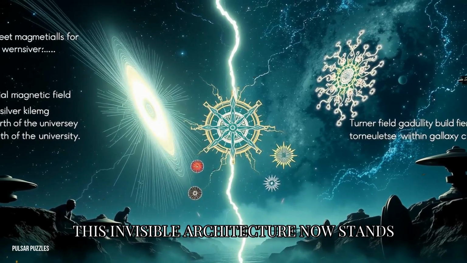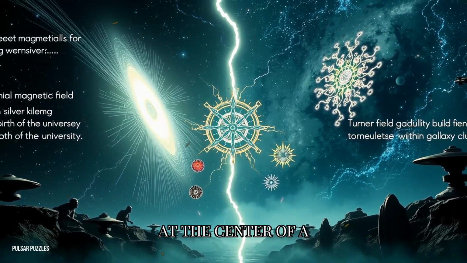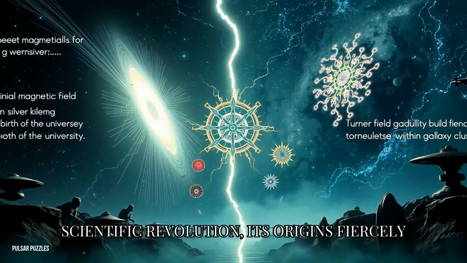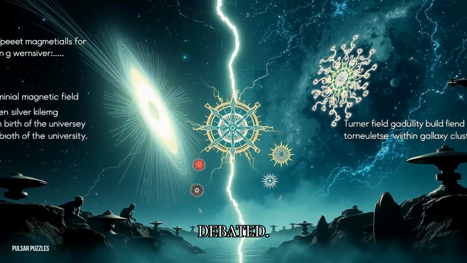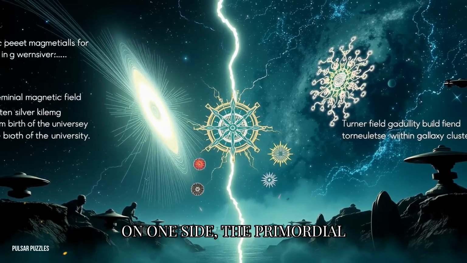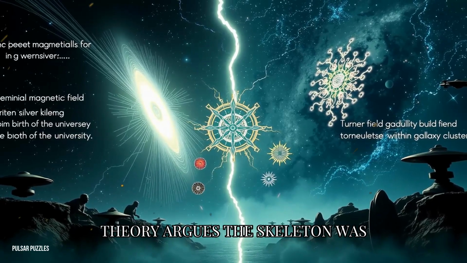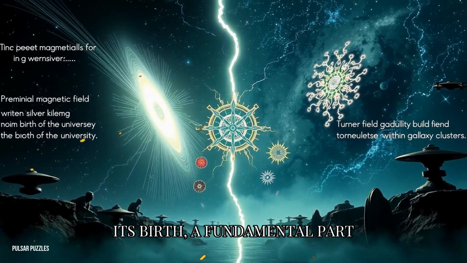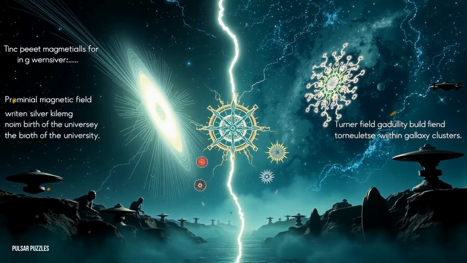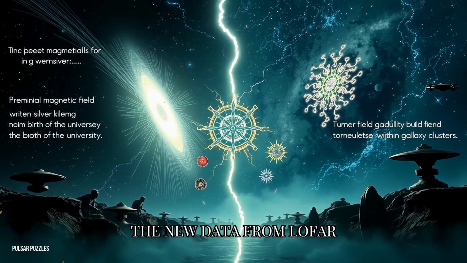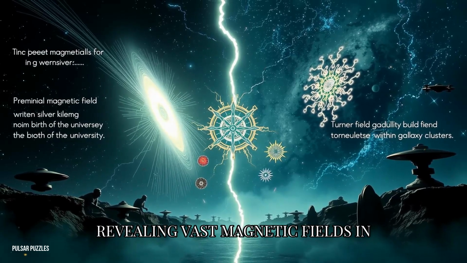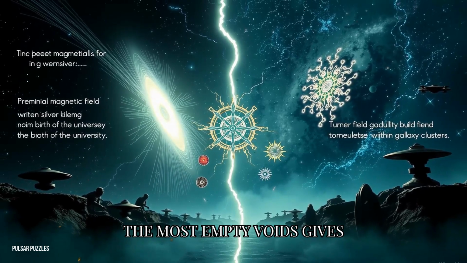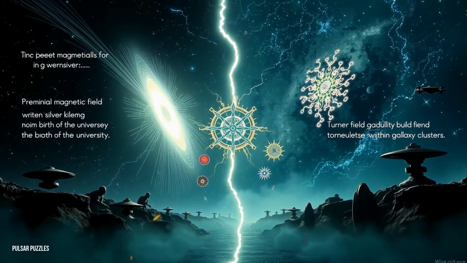This invisible architecture now stands at the center of a scientific revolution, its origins fiercely debated. On one side, the primordial theory argues the skeleton was woven into the cosmos at its birth, a fundamental part of the universe's blueprint. The new data from LOFAR, revealing vast magnetic fields in the most empty voids, gives this idea powerful support.